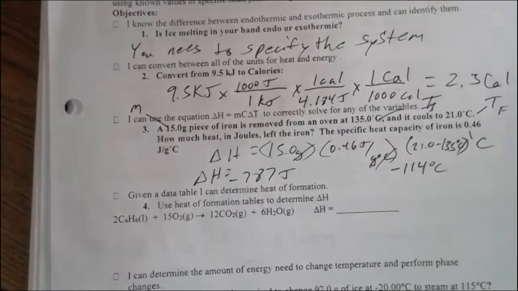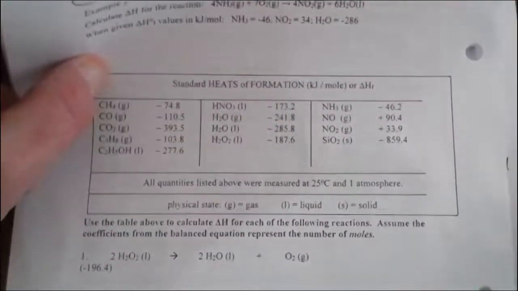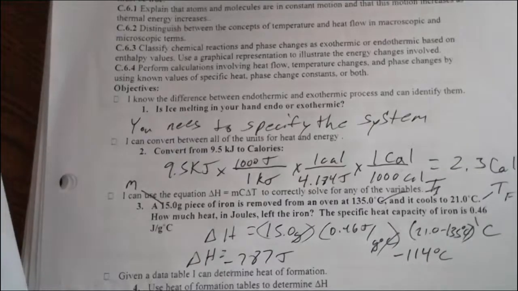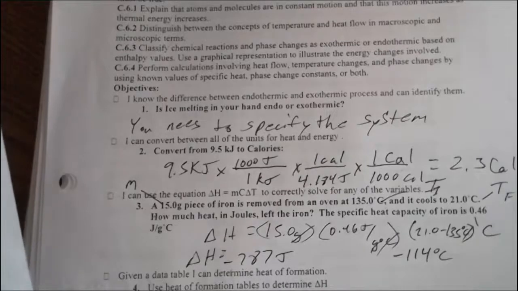So here are the standard heats of formation. So if we take a look, C6H6. Oh, anybody find that one on that? Looks like we might have to go to a data table on the internet. So let's do that.